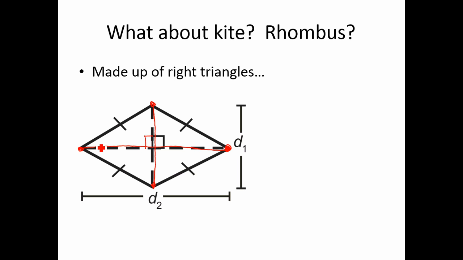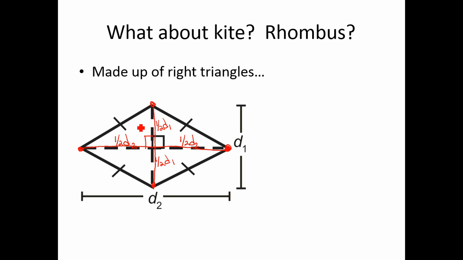Now, you'll notice that this base of this right triangle is really half of diagonal 2. And the other half of that second diagonal would be over here. Now, up and down, this vertical is half of diagonal 1. And this one would be half of diagonal 1.